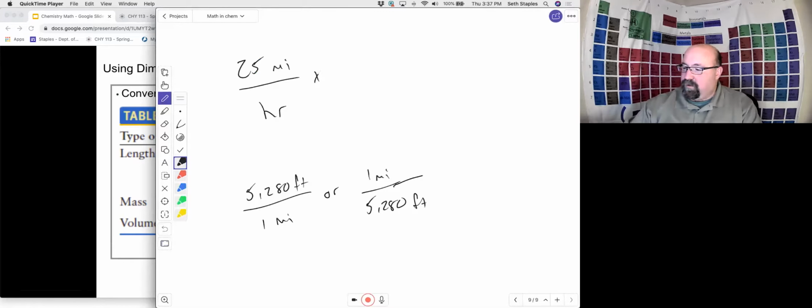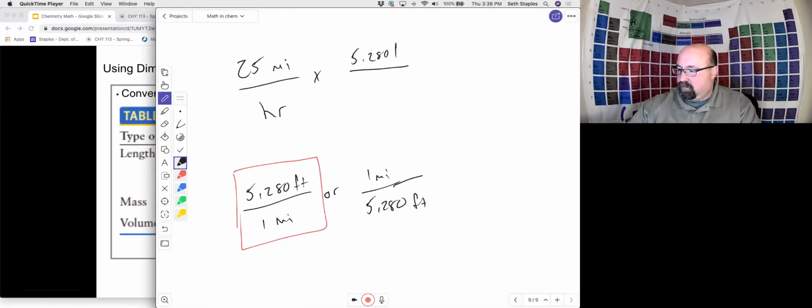We can see that we need miles to cancel out, and we want to be left with feet up top. So I'm going to set my conversion factor up like this, so that miles cancel out, and I'm left with feet.